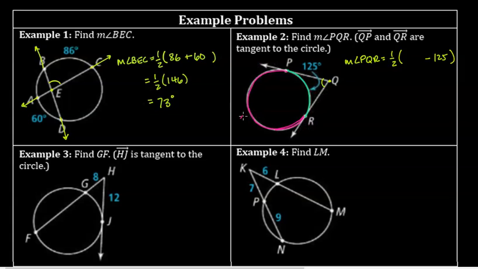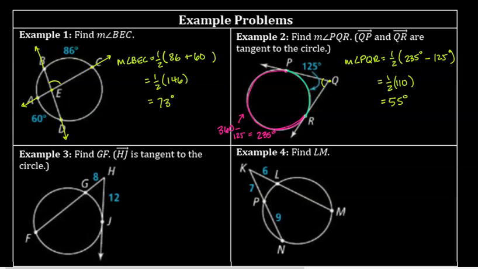So this arc measure here would be 360 minus 125. That's going to be an arc measure there of 235 degrees. So that's the number that we're going to put in right there. So this angle is going to be half of the difference between this 235 degree arc and this 125 degree arc. So that's half of 110 degrees, which is going to be 55 degrees.